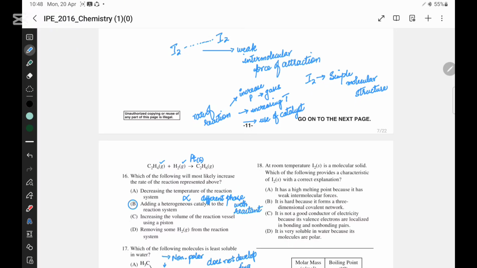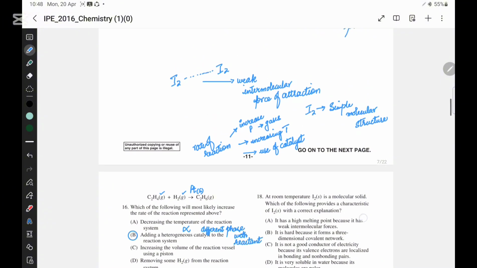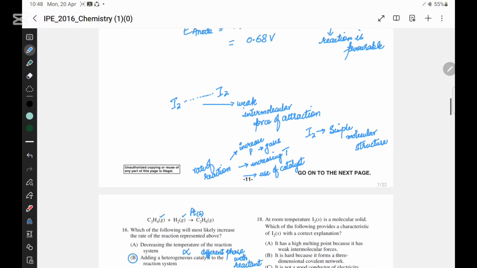So weak intermolecular force of attraction, what do we mean by that? Why does it have weak intermolecular force of attraction? Because it has London dispersion force. You can see this is I2, and it develops an induced dipole force. Induced dipole force is when you have more electrons on one side for an instant of time and fewer electrons on the other side.